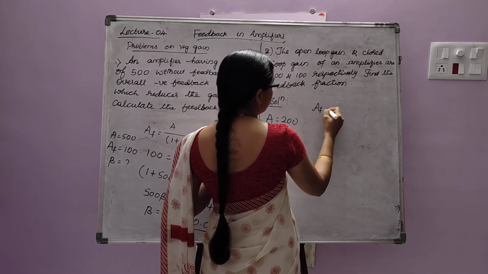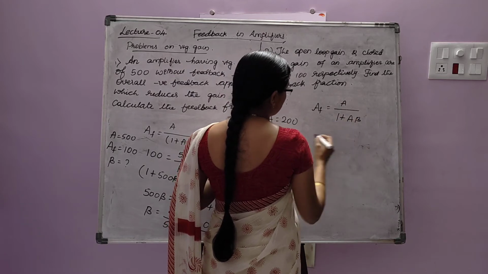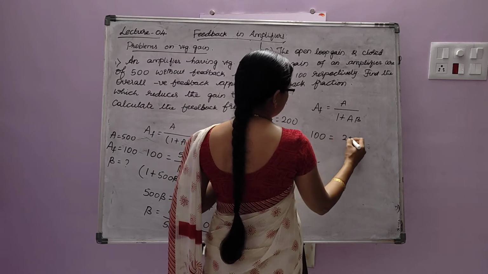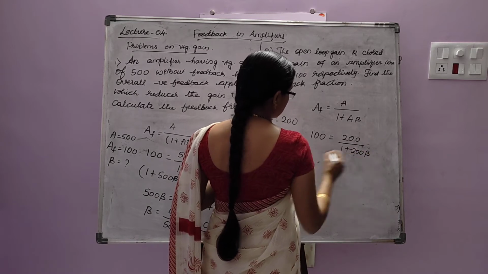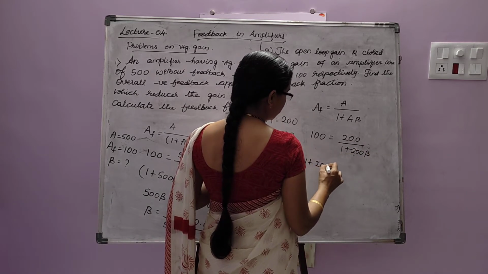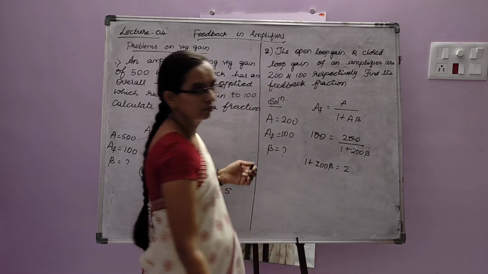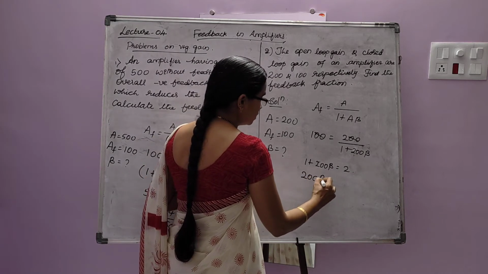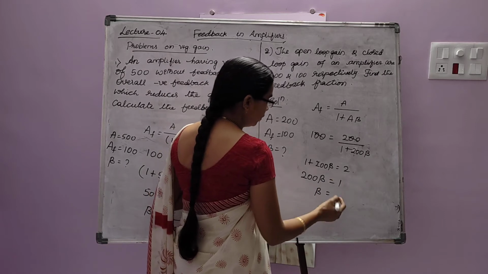Put the formula AF is equal to A by 1 plus A beta. AF is 100 and A is 200, so 1 plus 200 into beta. So 1 plus 200 beta is equal to 2. Okay, 200 beta is equal to 1. Beta is equal to 1 by 200.